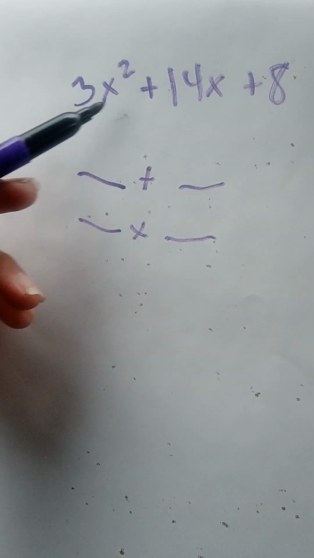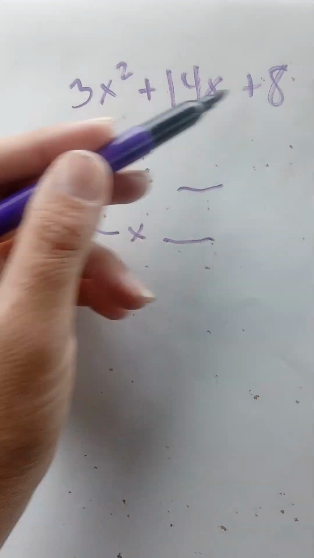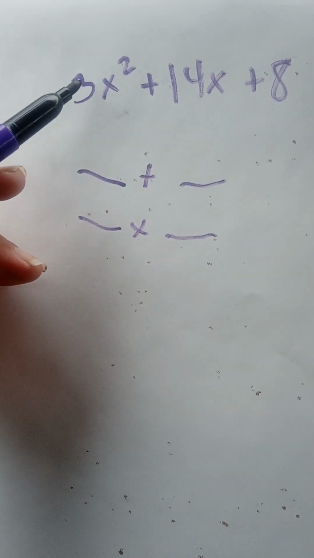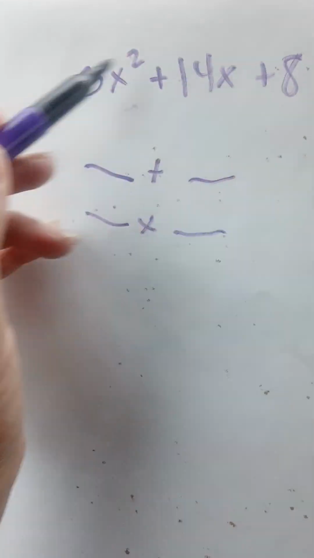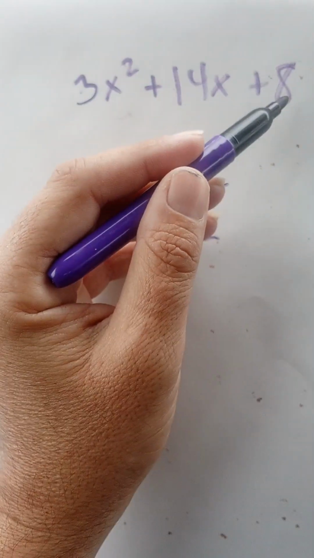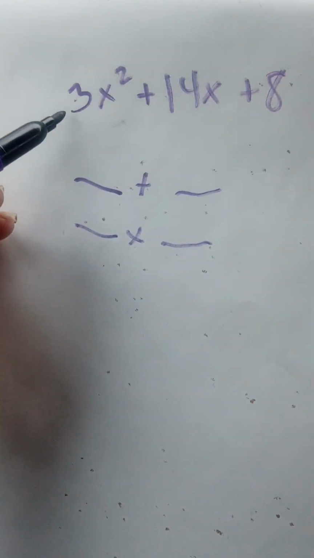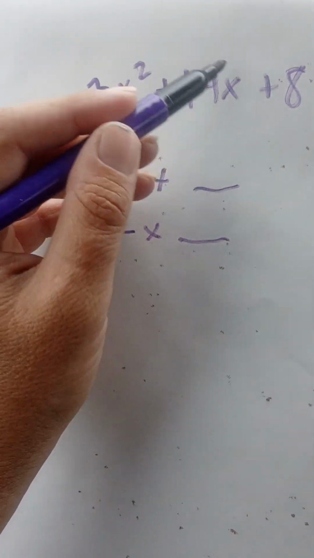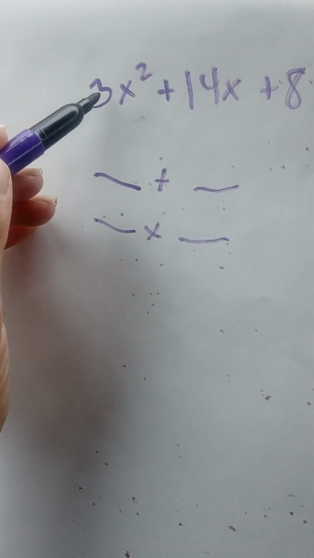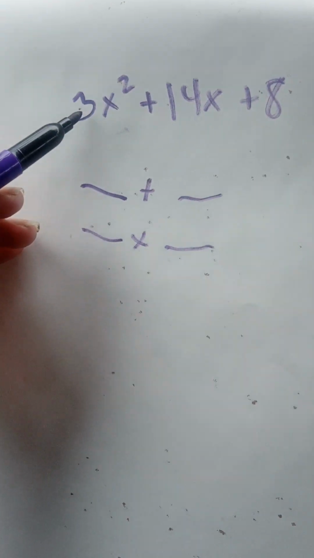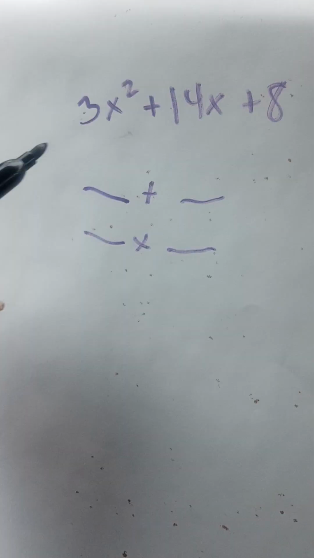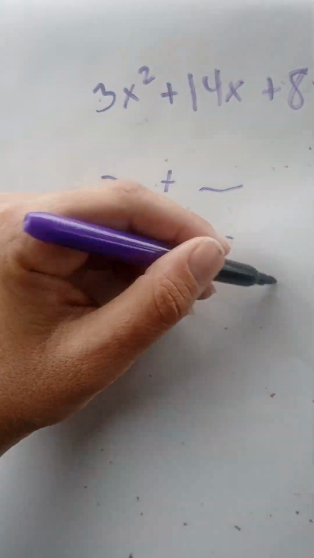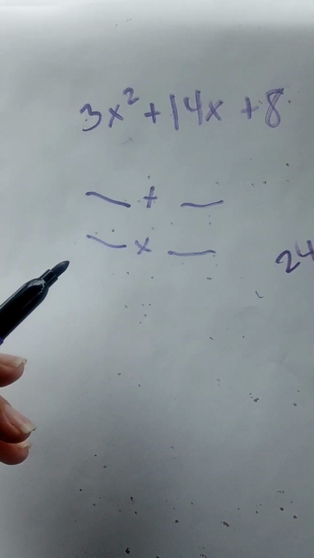The outside product is 24 because 3 times 8 equals 24. When you multiply outside numbers, see 3 and 8 are outside, and 14 is on the inside, in the middle between these two numbers. So you multiply the outside numbers and you get what I call the outside product. The outside product is 24.